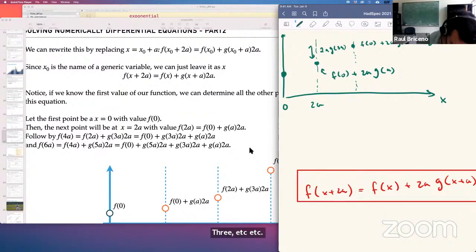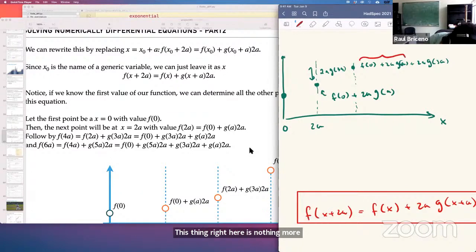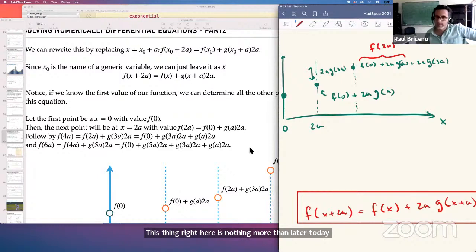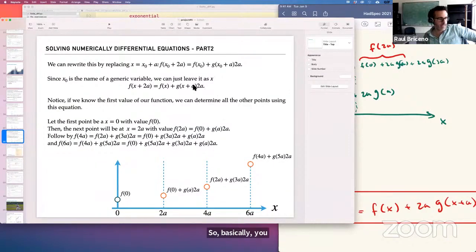And I could have just written this as I did in my slides, recognizing that this thing right here is nothing more than f evaluated at 2a, right? So basically, you just have an iterative procedure for getting any point given the previous point.